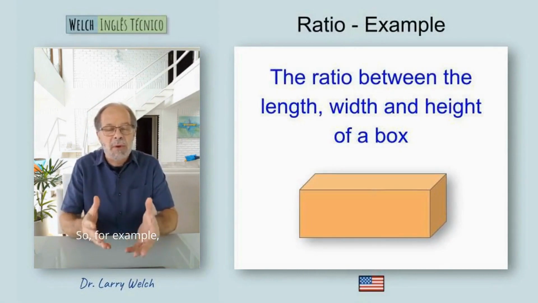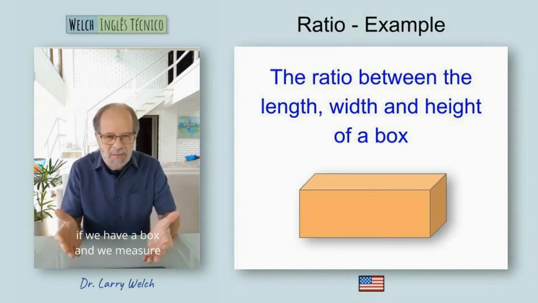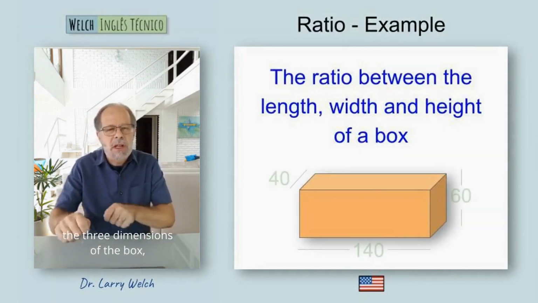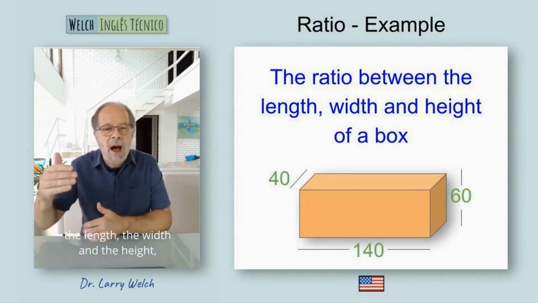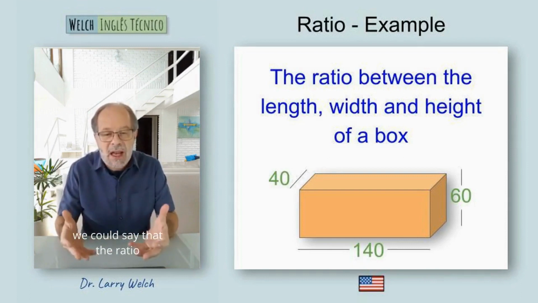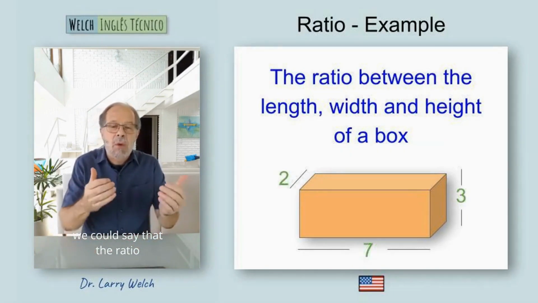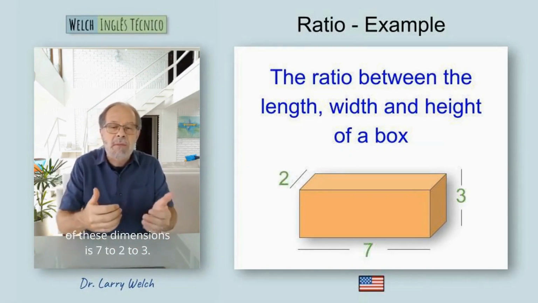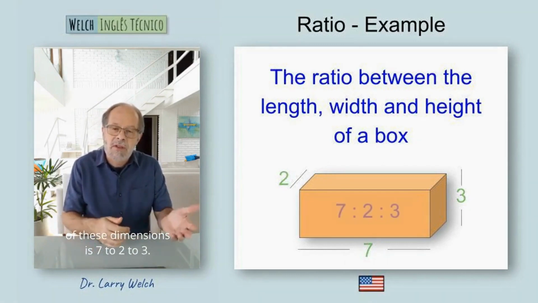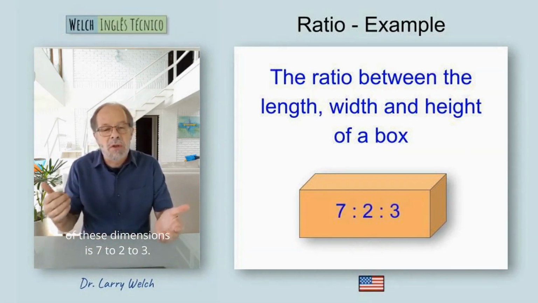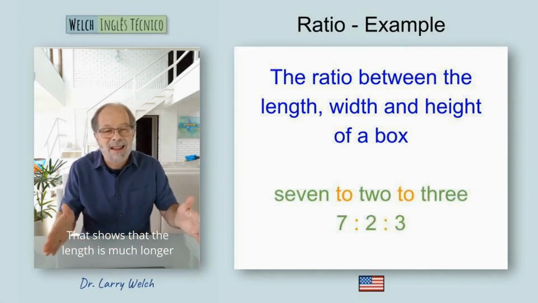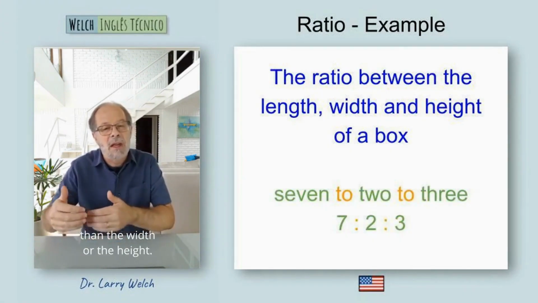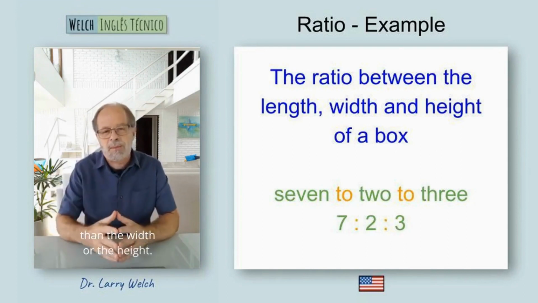So, for example, if we have a box and we measure the 3 dimensions of the box, the length, the width, and the height, we could say that the ratio of these dimensions is 7:2:3. That shows that the length is much longer than the width or the height.